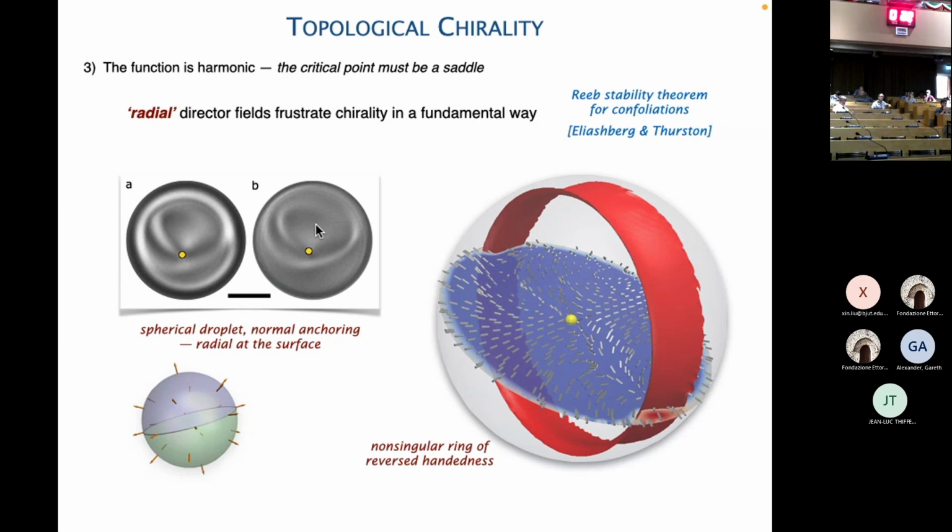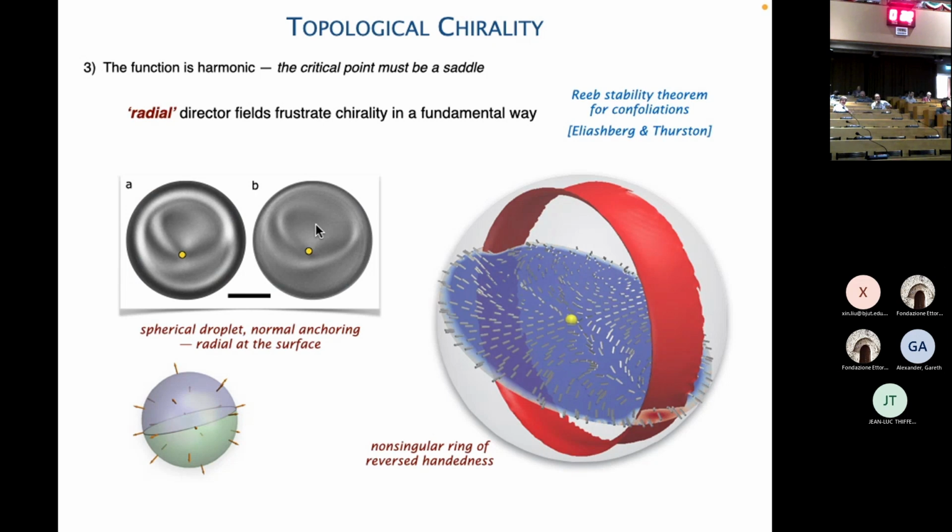And it turns out it's bad in a fundamental way, and a fundamental way which has a topological origin associated to it. So let me try and say something about that, and also how it crops up in the experiment. So here I show an example of an experimental realization of a droplet with a single defect at the center, which sits in the interior and so should have some chiral structure associated to it.